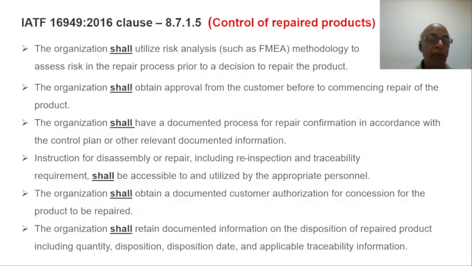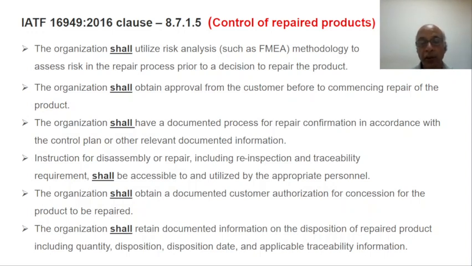Instruction for disassembly, suppose we have to repair an assembly, including reinspection and traceability of the product which has been repaired. This traceability shall be accessible to and utilized by the appropriate personnel.